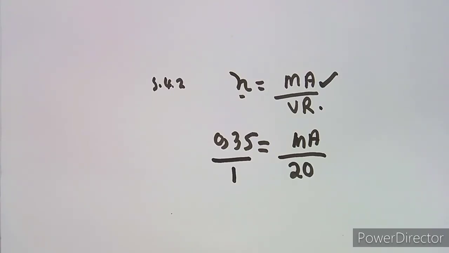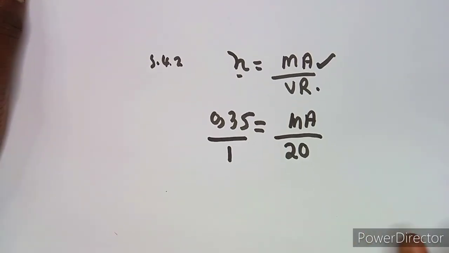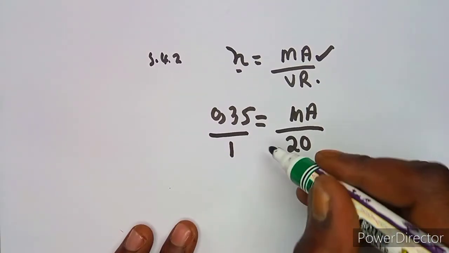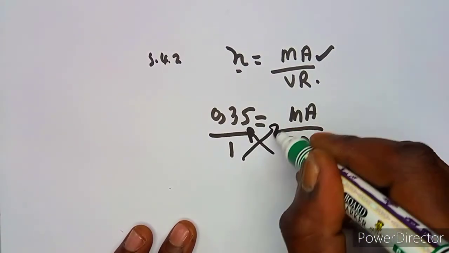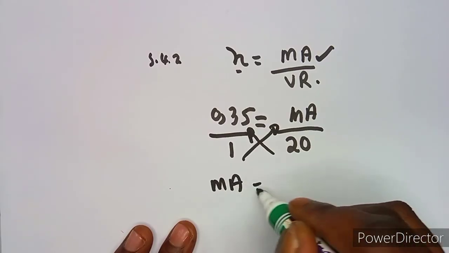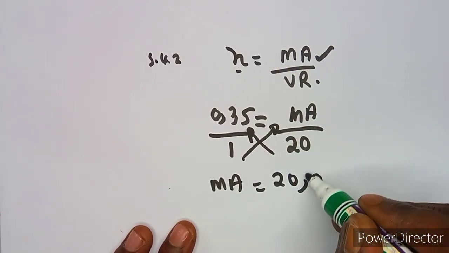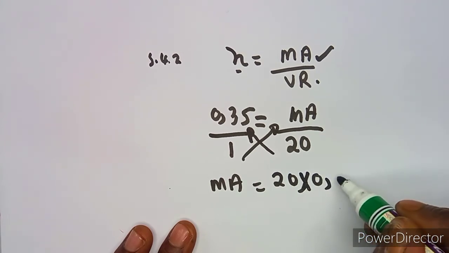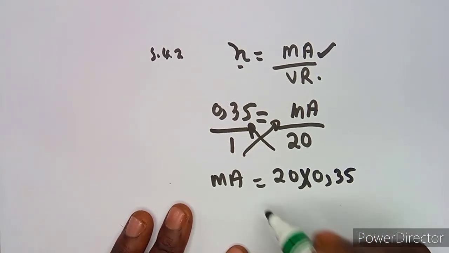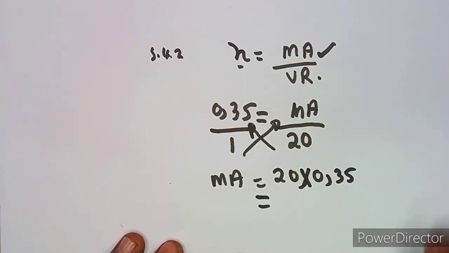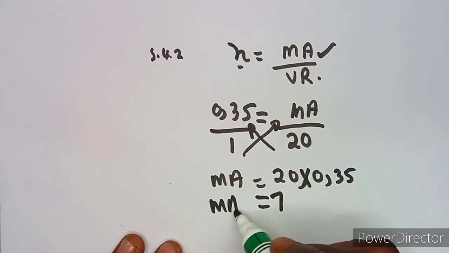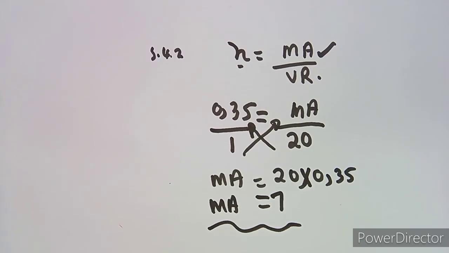From your mathematical skills, you can cross multiply here. So the mechanical advantage is going to be 20 times 0.35. If you multiply 20 by 0.35, you obtain 7. That will be our mechanical advantage of 7.